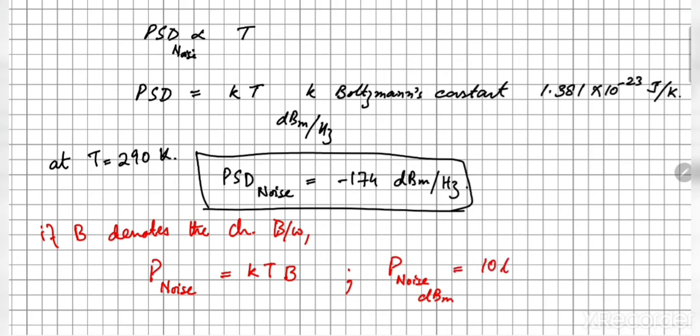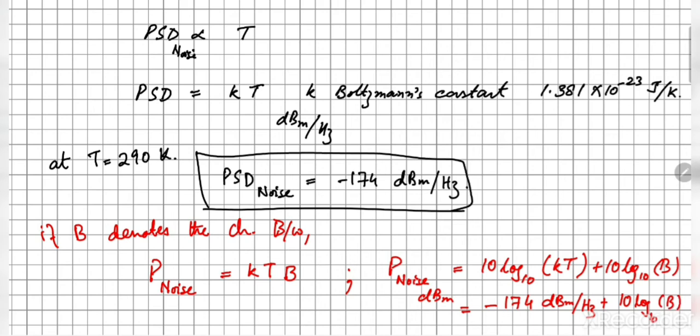10 log 10 of K times T plus 10 log 10 of B. 10 log 10 of KT at T equal to 290 Kelvin amounts to minus 174 dBm per hertz plus 10 log 10 of bandwidth.